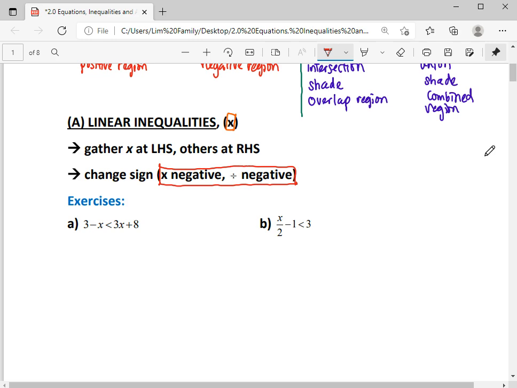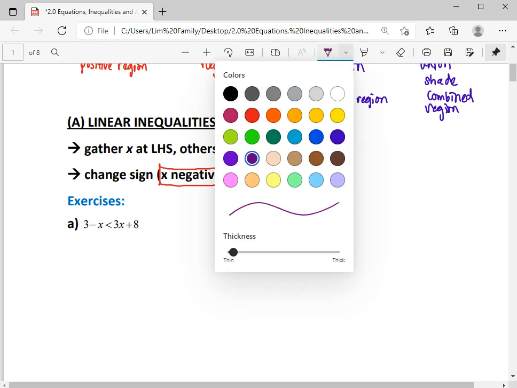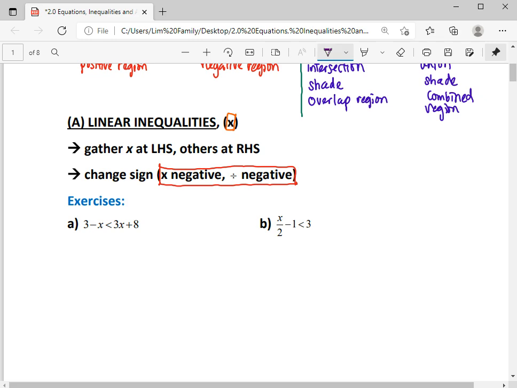Let's see the example here. This example A is linear in x. What can we do? We gather the 3x to the left hand side, becoming -3x, and the 3 to the right hand side, becoming -3. So this is -4x less than 5.